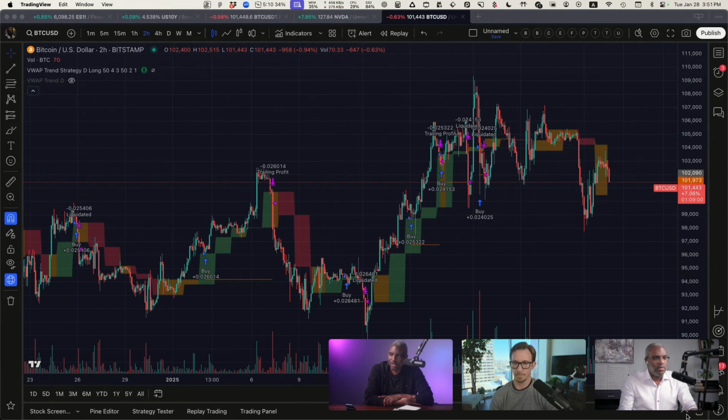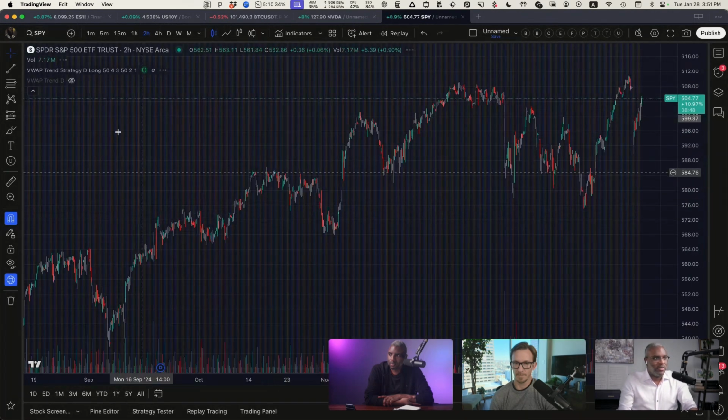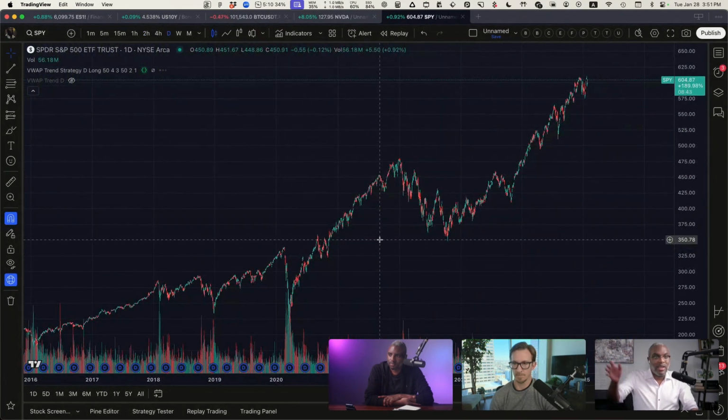A trend strategy, is that riskier? It depends on the trend. Depends on the asset. Depends how volatile it is. So, for example, the SPY. If I were to say, "Hey, I'm doing a trend on this, and my time horizon is 10 years," well, chances are I'm going to go up and to the right.